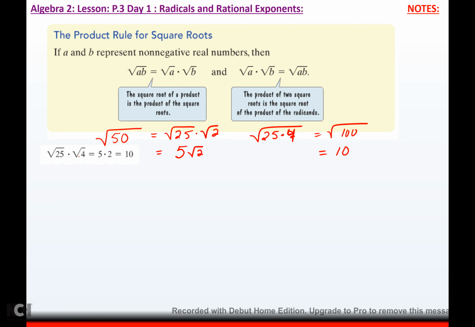You could split it and do that's 5, that's 2, 5 times 2 is 10. Or you could say 25 times 4 is 100, which the square root of 100 is 10. Wow, I didn't realize I picked that same example. Which means that the square root of 25 times the square root of 4 is equal to the square root of 25 times 4. You can split up multiplication, but not addition.